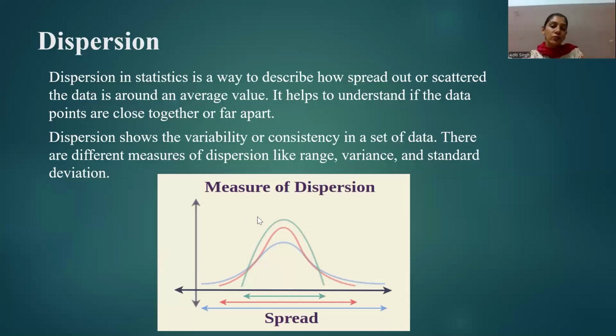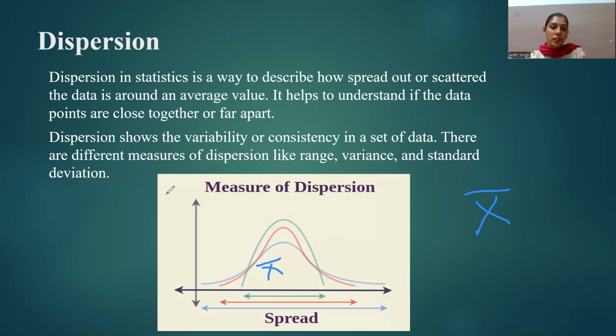So basically, as you can see in this figure, these three curves in this diagram represent three distributions with the same mean bar. Okay, mean bar means x bar. So they are represented with the same mean bar.